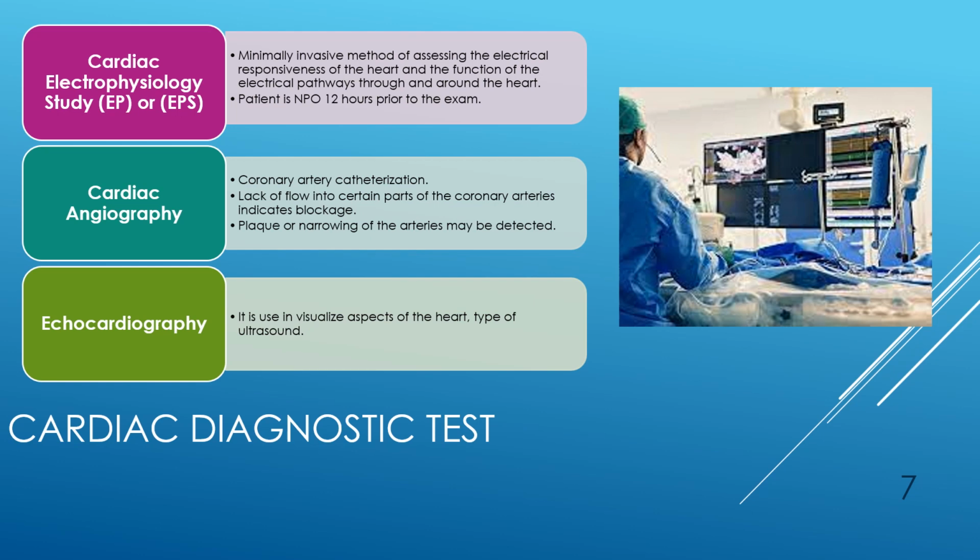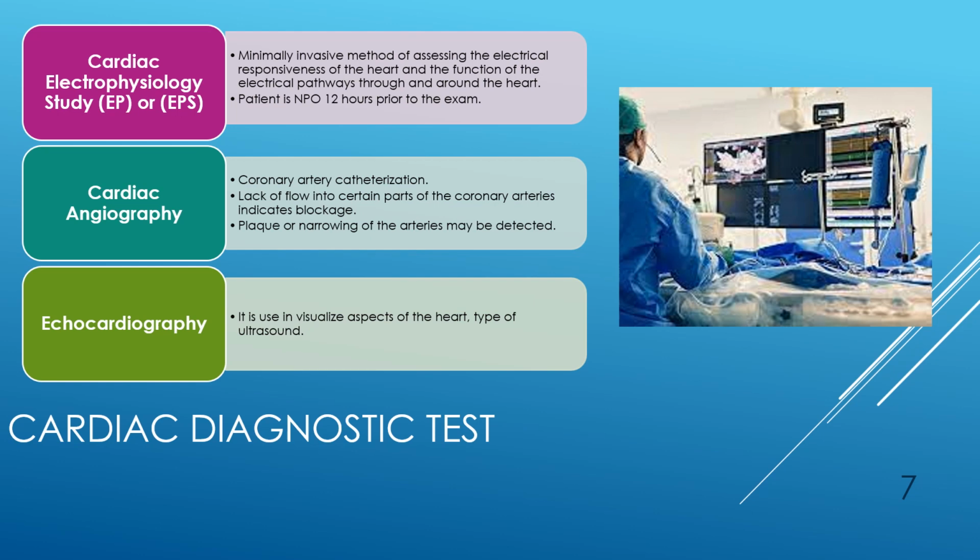It's a lot better than the EKG, and it's also something you should know about. The patient has to be NPO 12 hours prior to the exam. So remember, cardiac electrophysiology study is used to determine arrhythmias, it's much better than the 12-lead EKG, and the patient has to be NPO for 12 hours prior to the exam.